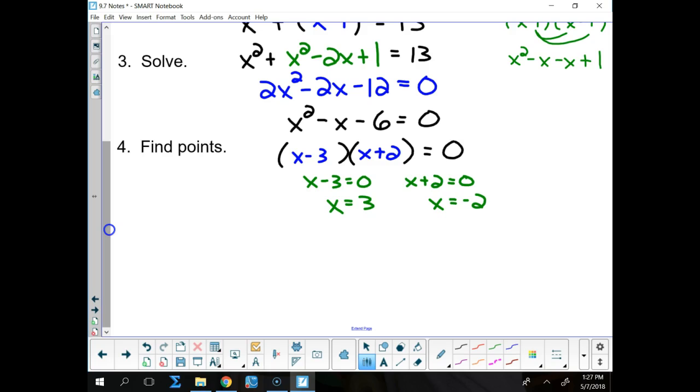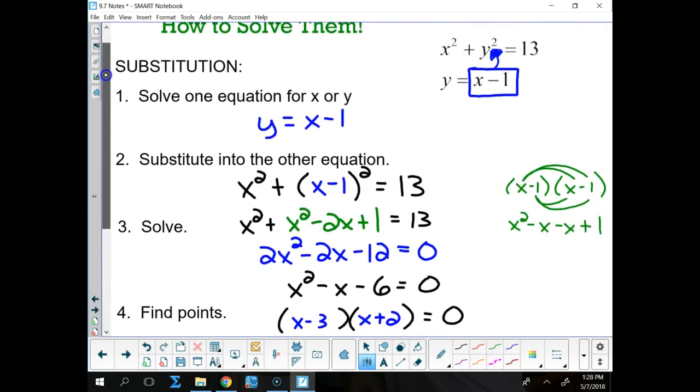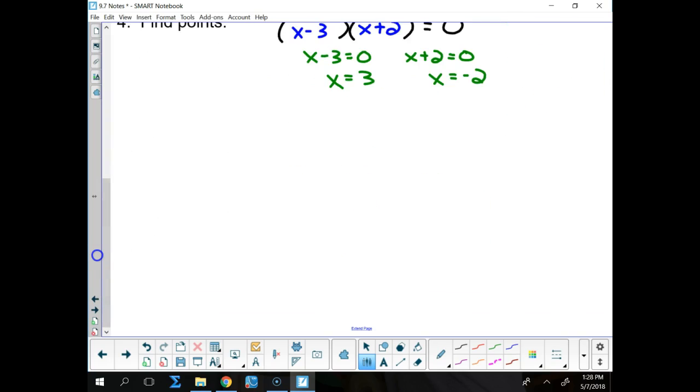So then now we've got to find the points, correct? Is it going to be easier to find the points on the circle or on the line? Line. Refreshing my memory, the equation of the line was y equals x minus 1. So if I have x equals 3, then y is going to equal 3 minus 1, or y equals 2.